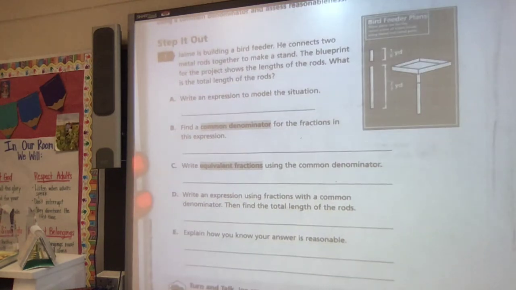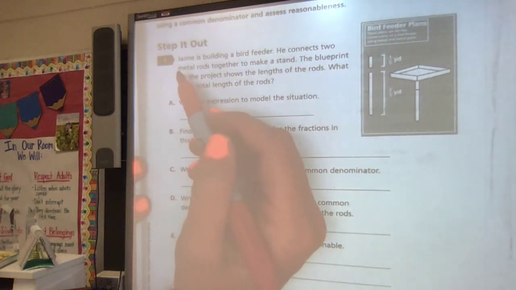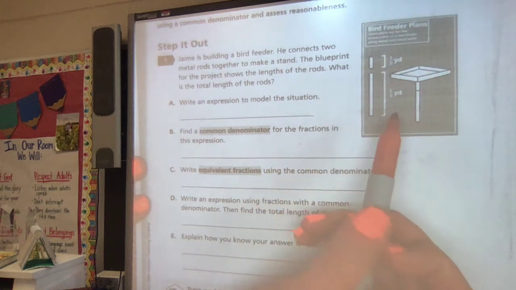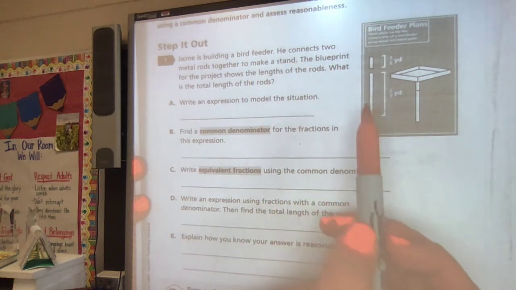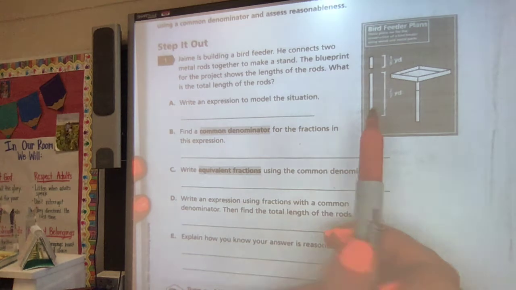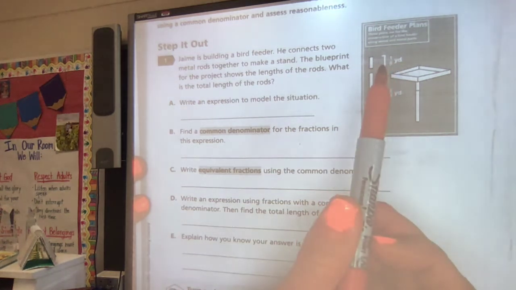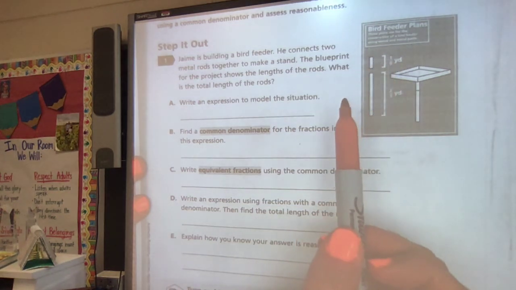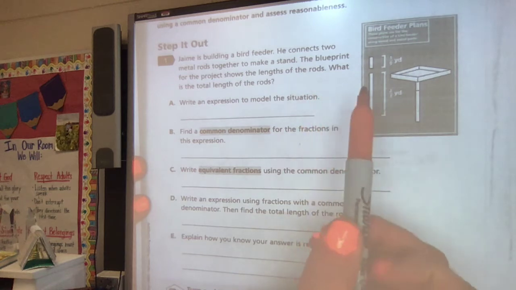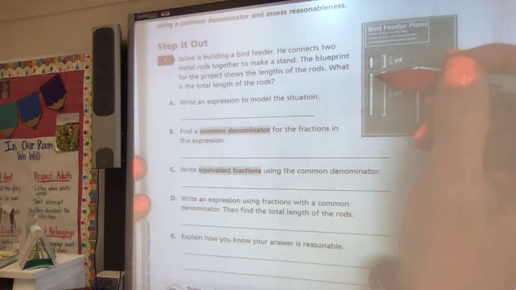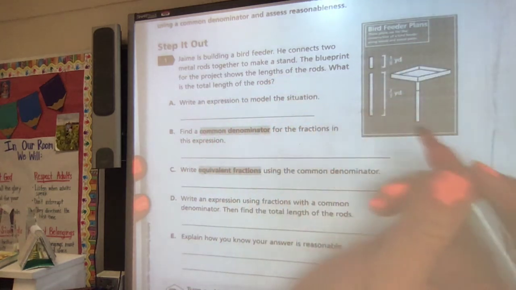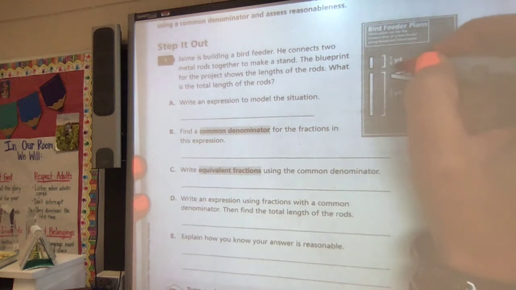So our first problem says, Jamie is building a bird feeder. He connects two metal rods together to make a stand. The blueprint for the project shows the length of the rods. What is the total length? So if we look here at our picture, we can see that this section is 1/6 of a yard.